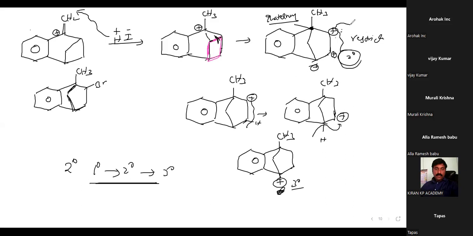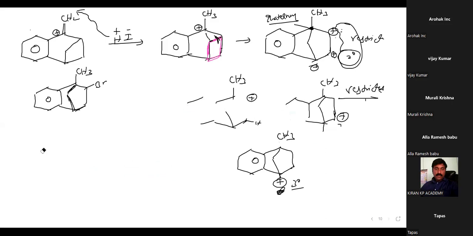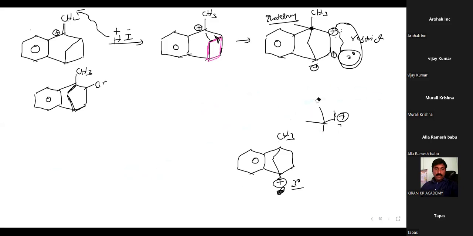That type of carbocation rearrangement is restricted. Please make a note of the point. So that will be the answer for this question. Once look at the answer in this way.